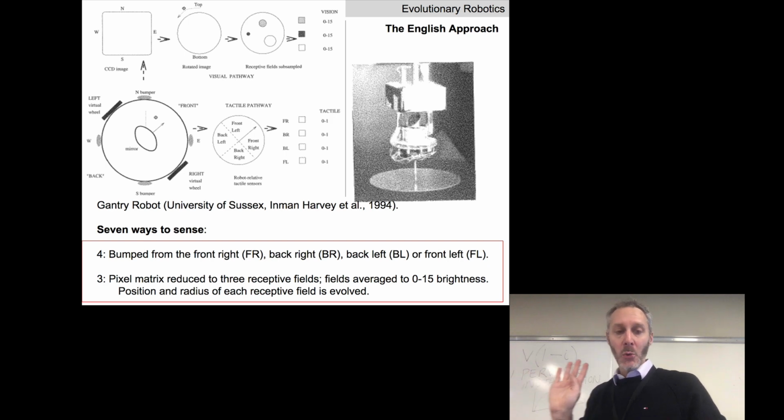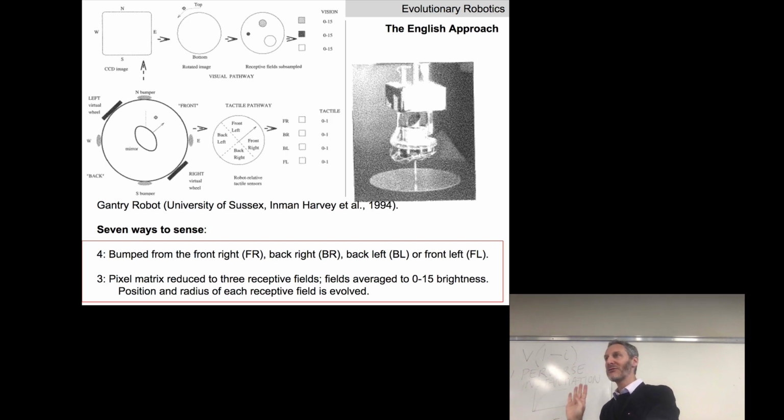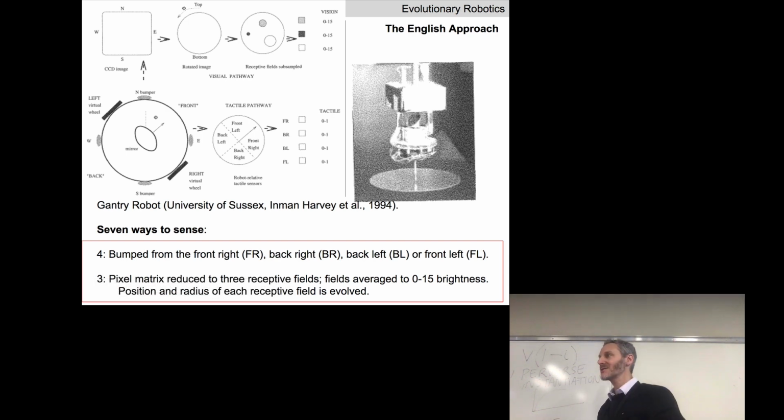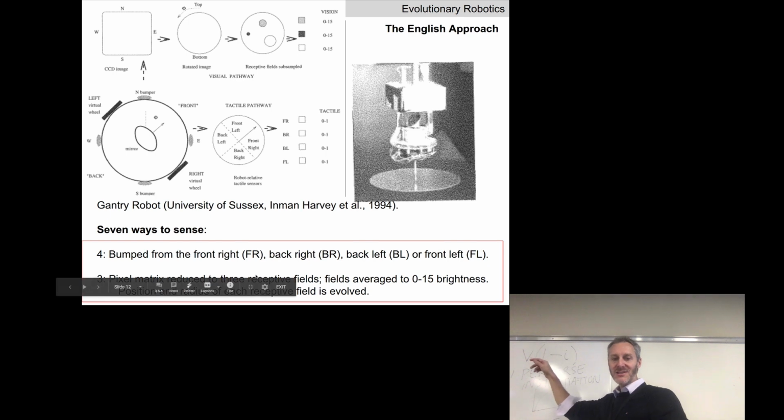Okay, so what we're ultimately going to feed into the neural network are 7 sensors. There's going to be 4 bump sensors, which are either 0 or 1. If we detect bump from any one of these 4 quadrants, we turn the 0 to a 1 for that sensor. The 5th, 6th, and 7th visual sensor coming into the neural network is a value between 0 and 15, which is the amount of whiteness inside that circle.